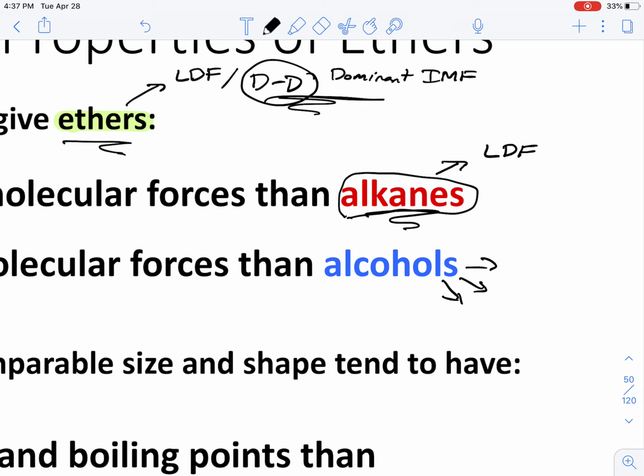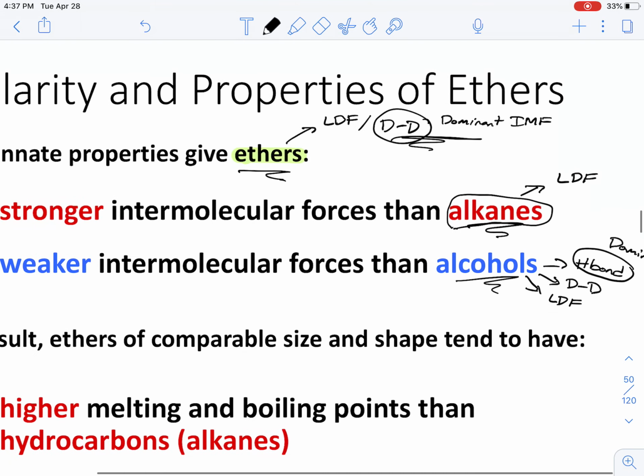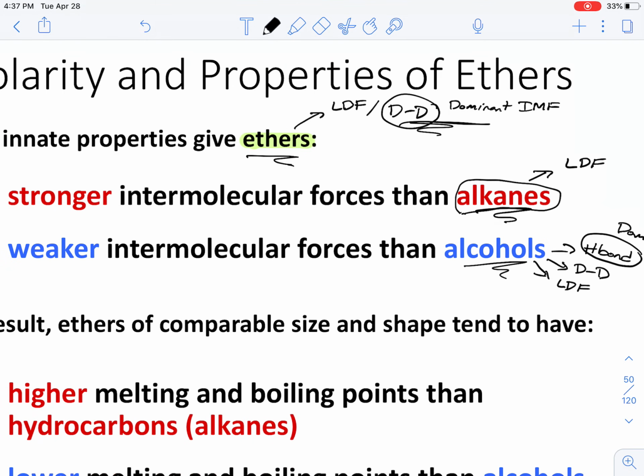And so remember that we can find hydrogen bonds in alcohols. There's dipole-dipole in alcohols, and there's also London dispersion forces. And so because the dominant intermolecular force for an alcohol is a hydrogen bond, it only makes sense for alcohols to have physical properties that are going to be greater than an ether.